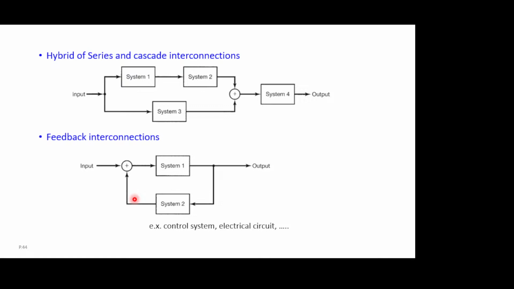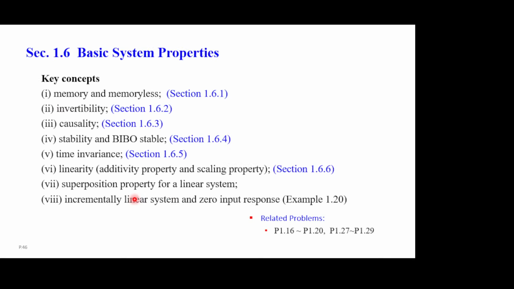If no questions, then we'll go to the harder part of the chapter, that is the system properties. So there are a lot of systems, and there are many properties that we think are worth labeling. Okay. Let's just go through them one by one.